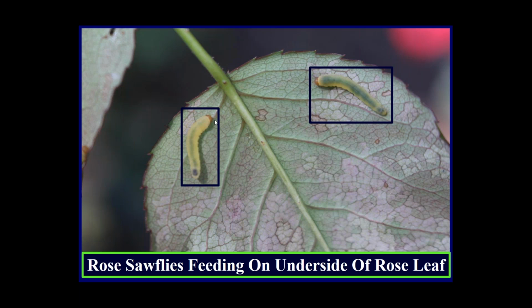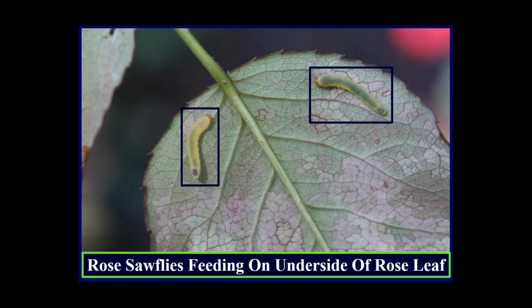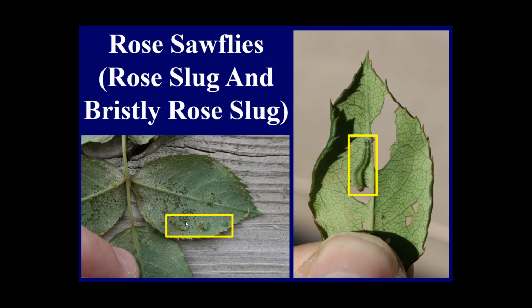They are feeding on the leaf underside, removing the undercoating of the leaf, and that again will give you that window painting appearance when you're looking at it from above. Okay, so this is rose slug and this is bristly rose. Later on when they reach maturity, they will start feeding on the entire leaf.